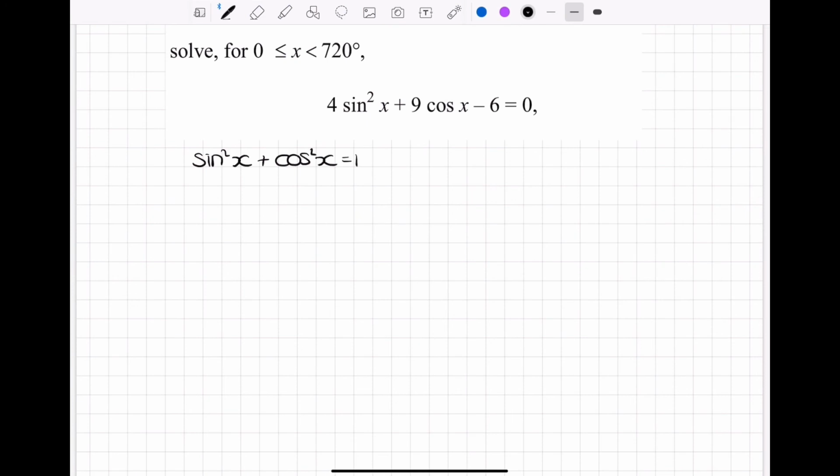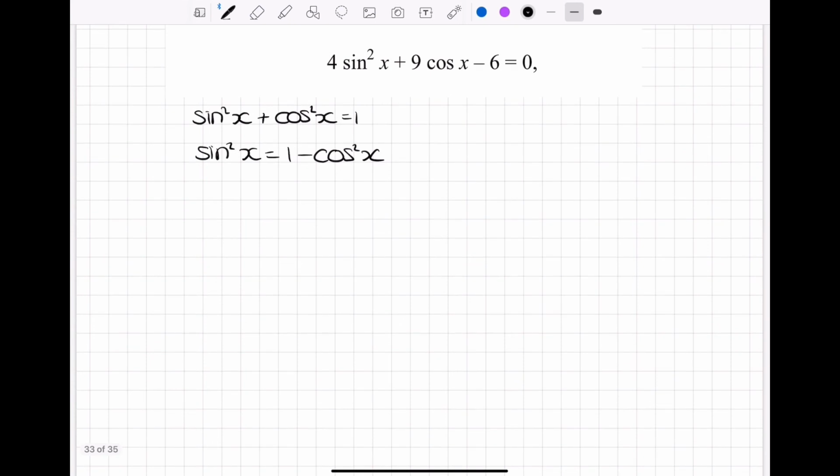So I can use this on my sine squared here to rearrange this for all cosines. So I know that sine squared x equals 1 minus cos squared x. So if I sub that into my equation, it'll be all in terms of cos instead of sine and cos.